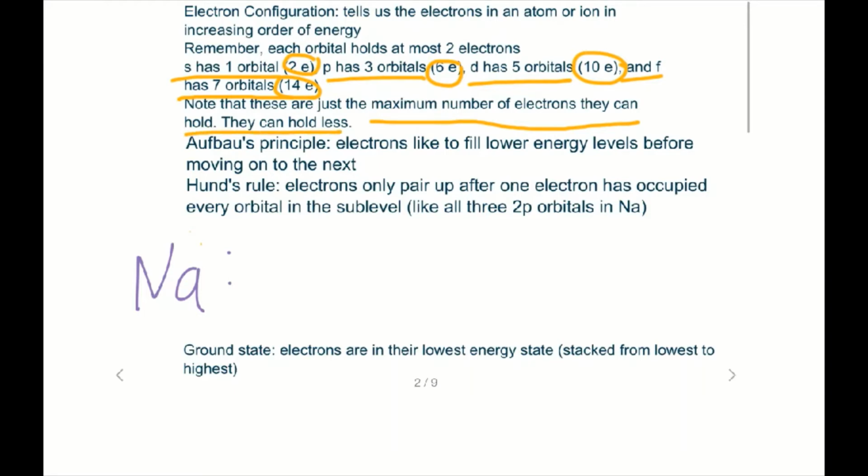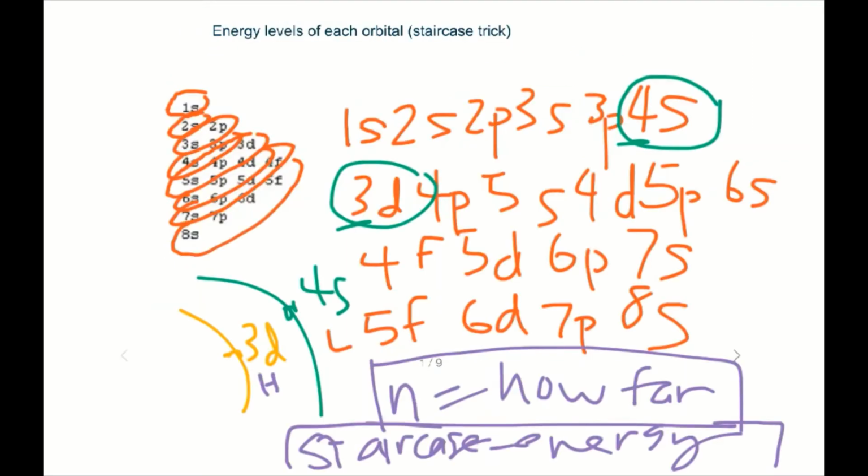Now let's go back to this image and write how many electrons are in each of these sublevels. For the 1s sublevel, there's only one 1s orbital, so we will put a 2 here because there are 2 electrons in 1 orbital. The same goes for the 2s sublevel: it has only one 2s orbital, so it can hold at most 2 electrons. What about the 2p?